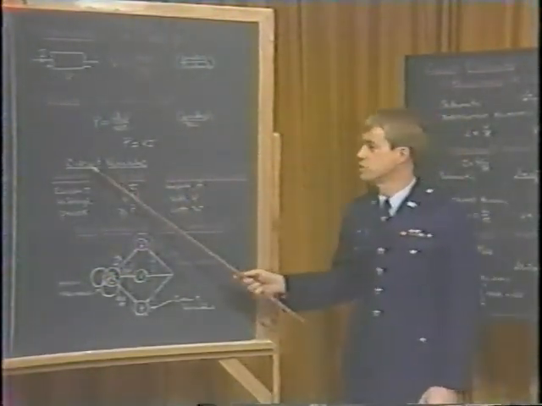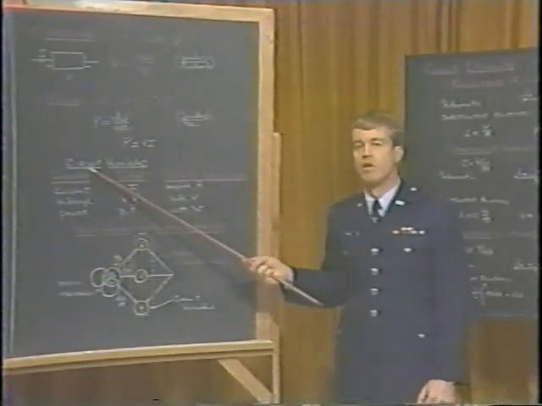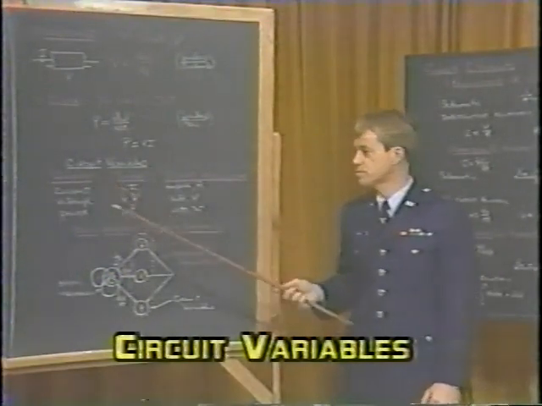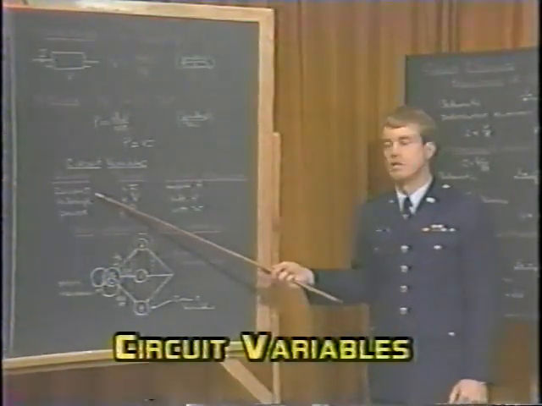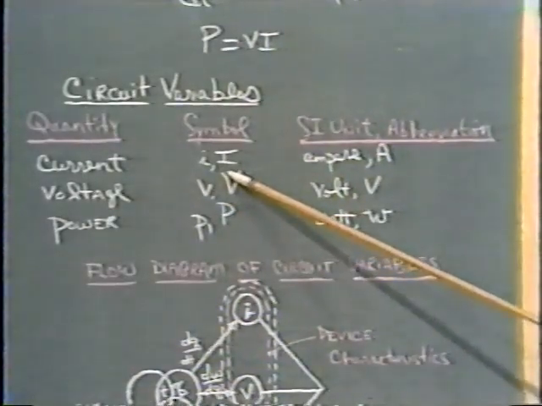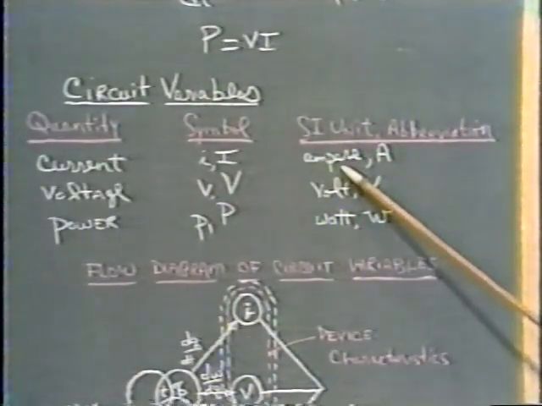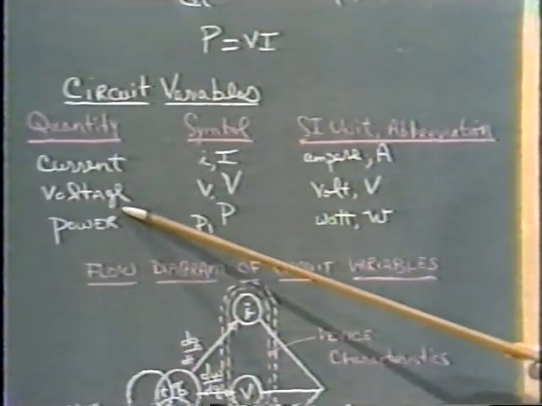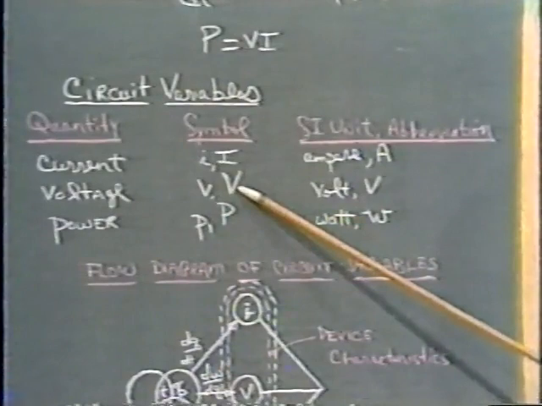This summarizes the 3 circuit variables that we've now defined from our basic variables of charge and energy. We have current, which we use the symbol I, and it's measured in amperes. We also have the concept of voltage, where we're using the symbol V to represent voltage.